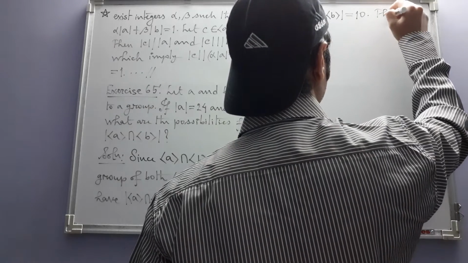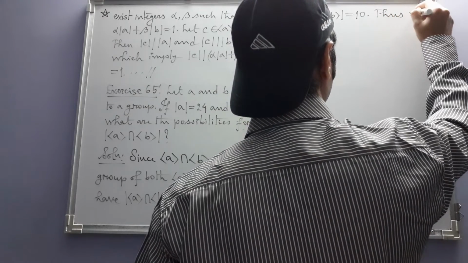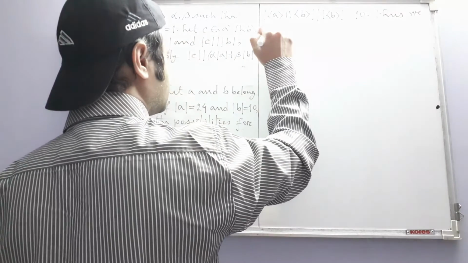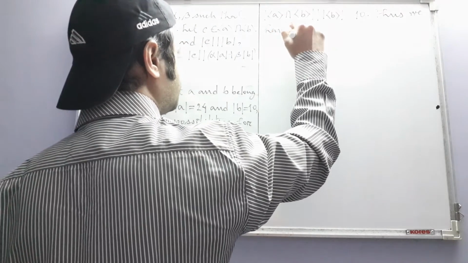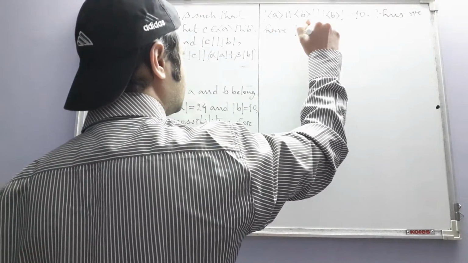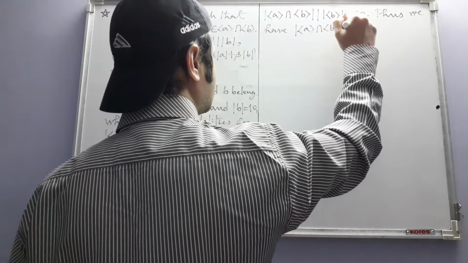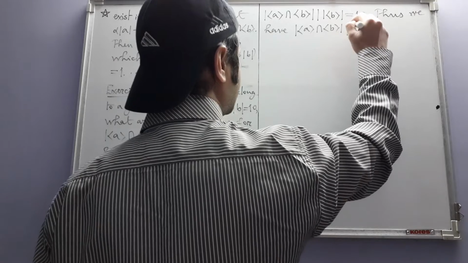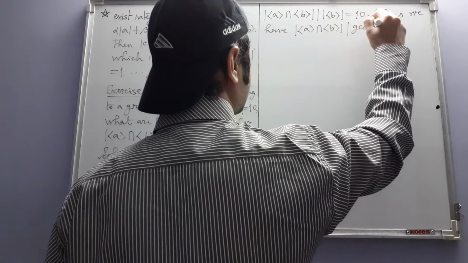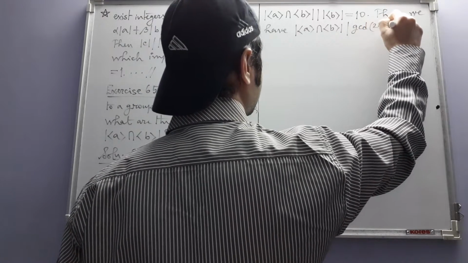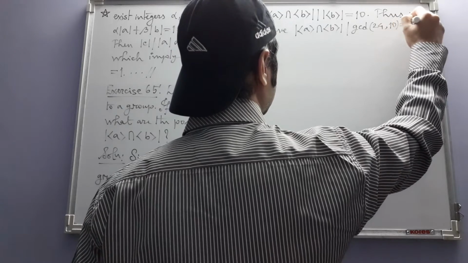Thus, we have this dividing the GCD of 24 and 10, which is 2.